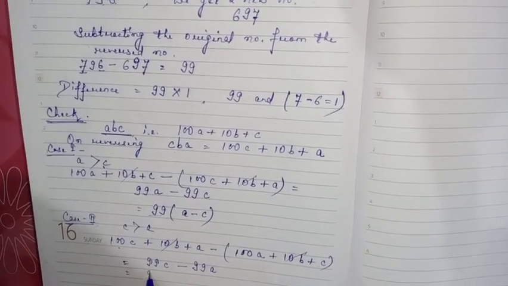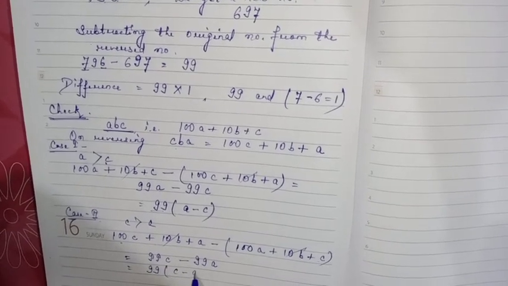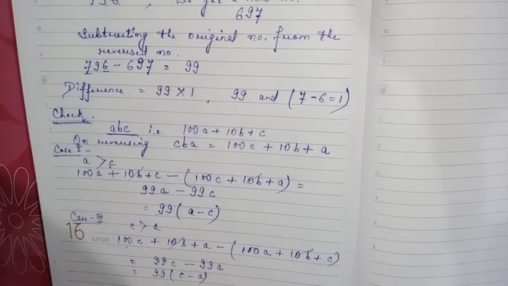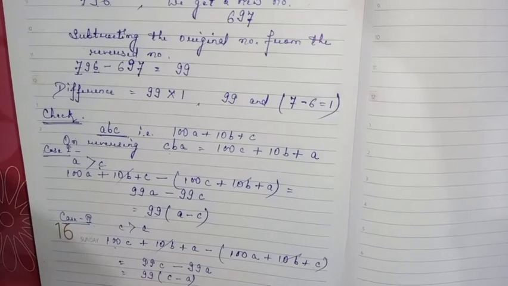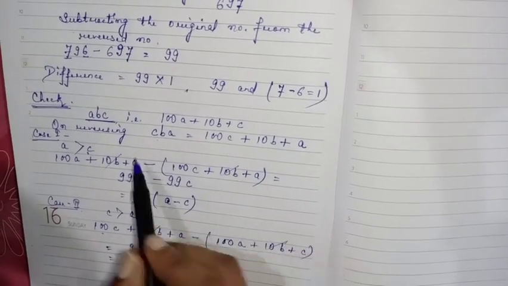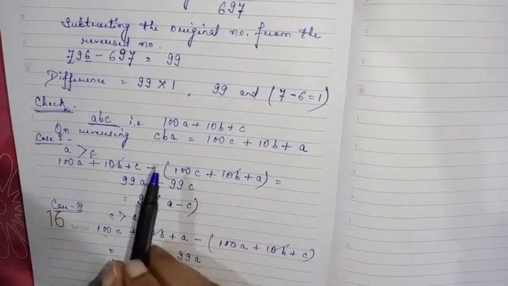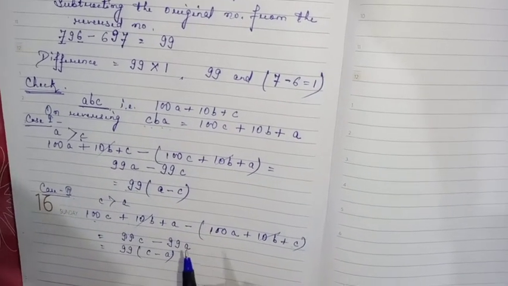If you take 99 common, you get 99 times C minus A. So the difference will be divisible by 99, and the difference of the hundreds digit and units digit. So this will be case 2.